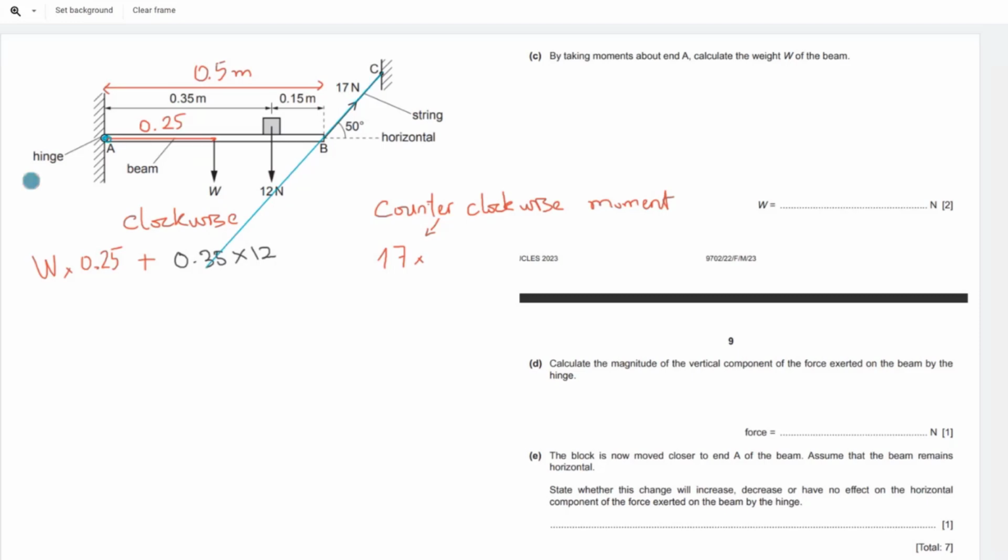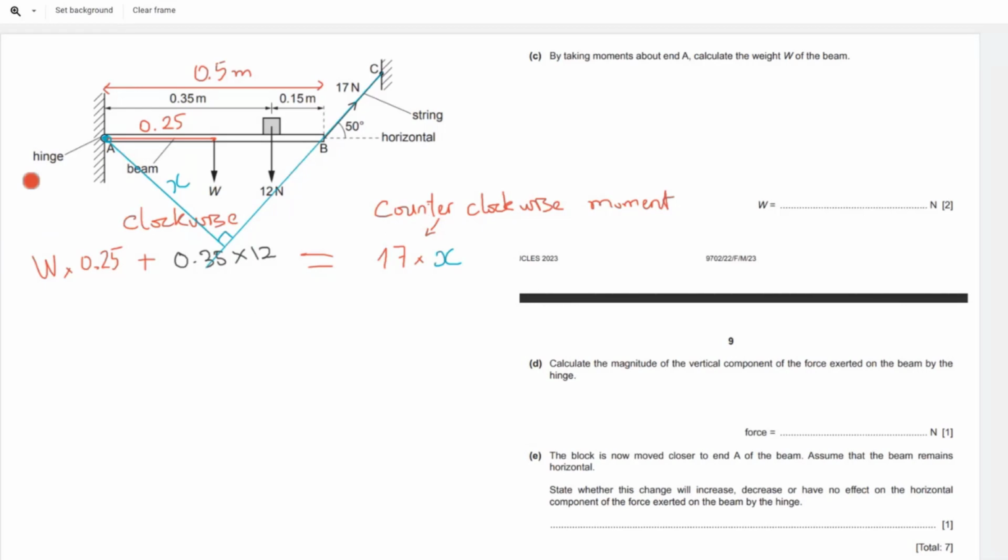From the hinge here, you need to draw a distance which is perpendicular to this one. And this is the x in the moment formula. For this system to be in equilibrium, the total of the moments must be 0, meaning the clockwise moment equals the counterclockwise moment. So we have this following equation.